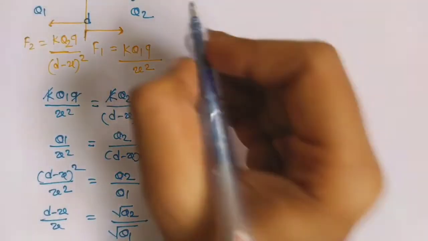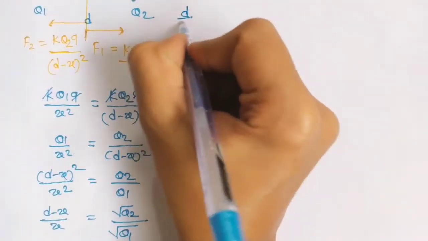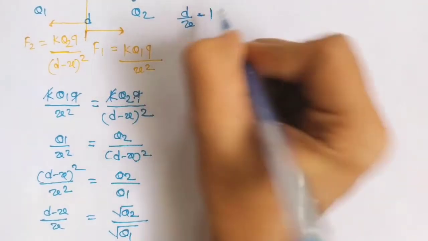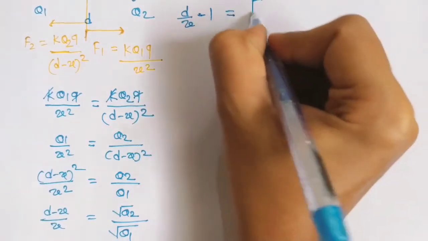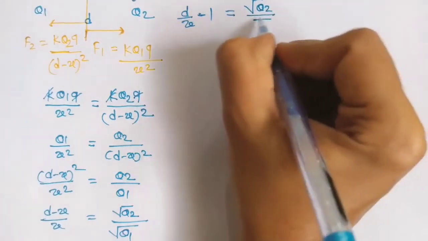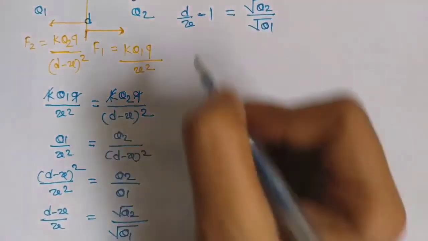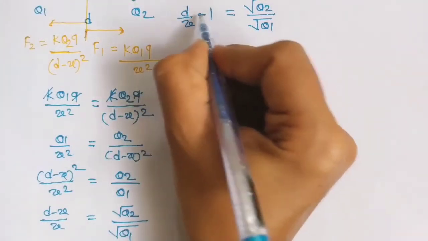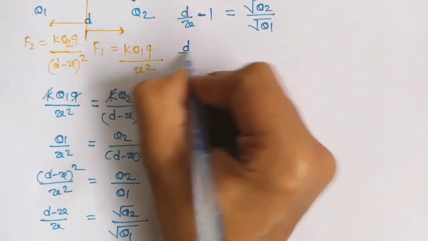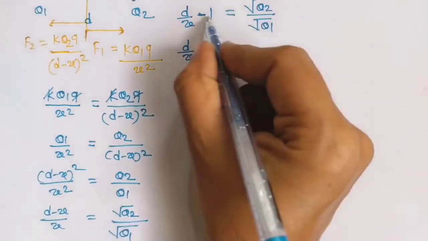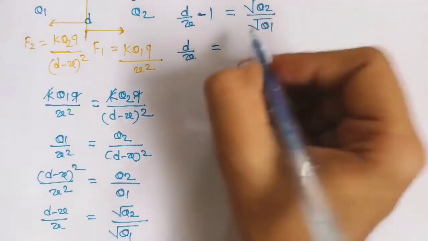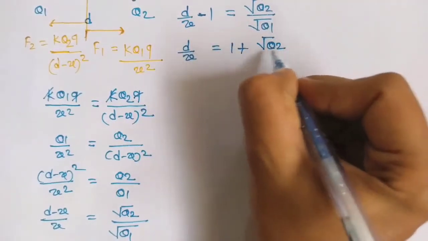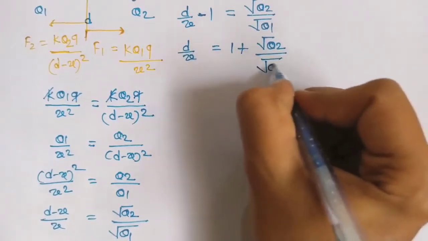Also, we can write it as D upon x minus x by x, which is 1, is equal to under root Q2 upon under root Q1. Here the 1 is minus, so if 1 goes to the other side it becomes plus, so D by x is 1 plus under root Q2 upon under root Q1.